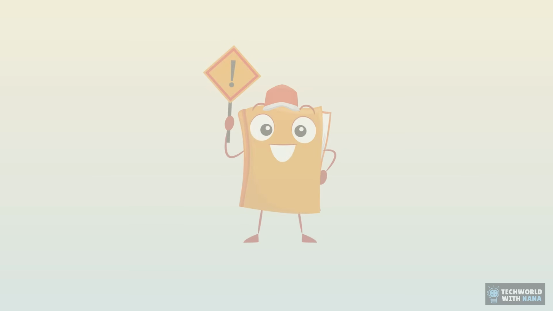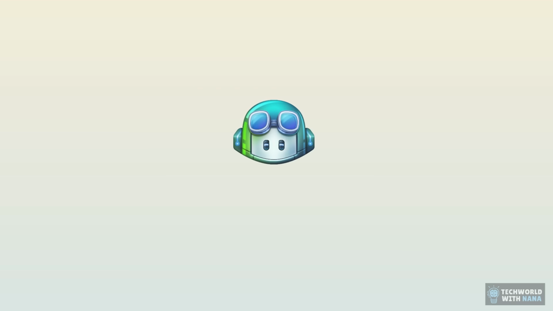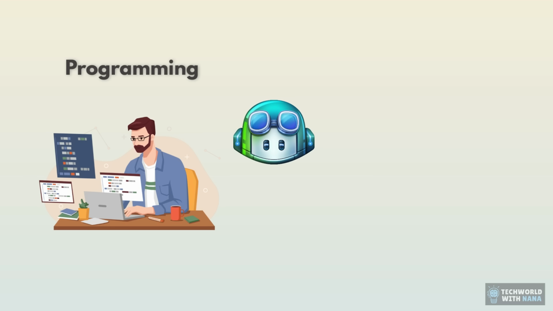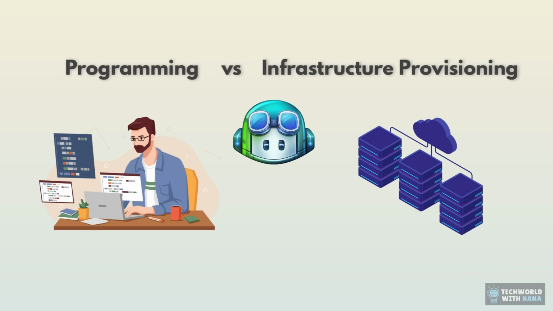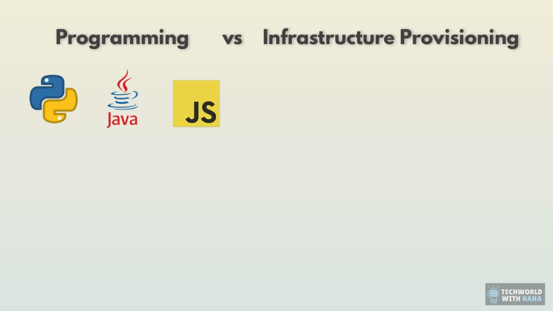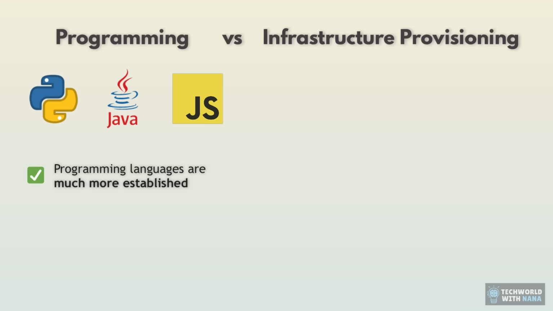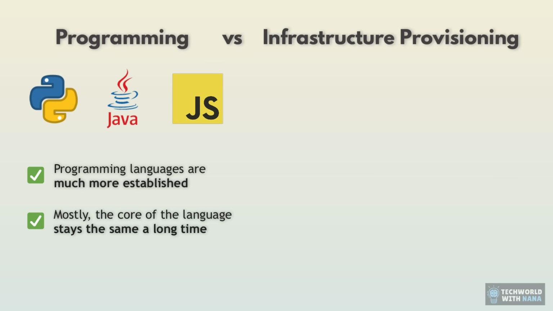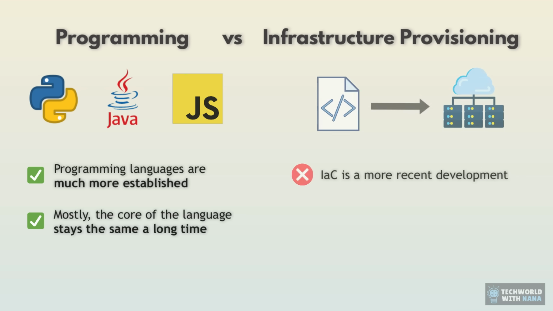And I also want to mention one very important distinction between using GitHub Copilot for programming as a software developer and using GitHub Copilot for infrastructure provisioning. Because programming languages like Python, Java, JavaScript, whatever, are way more established, and the functions and libraries don't change as much and as frequently compared to relatively new infrastructure as code tools like Pulumi, Terraform.